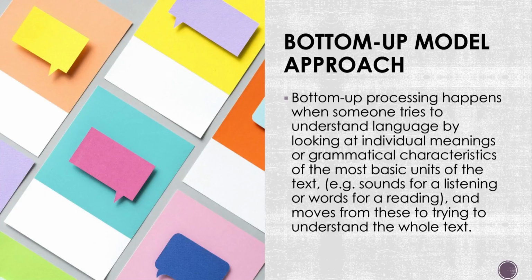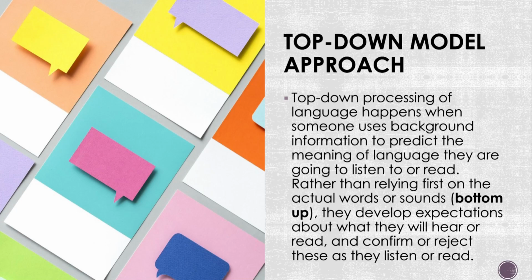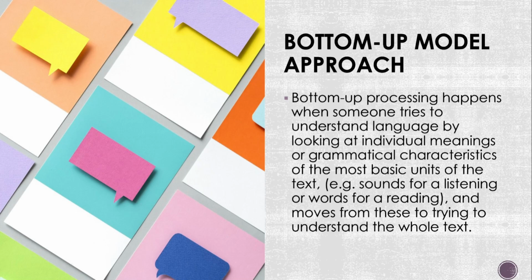So let's have a look at the two different approaches. Bottom-up model versus top-down model, right? So bottom-up processing happens when someone tries to understand language by looking at individual meanings or grammatical characteristics of the most basic units of the text. Example, sounds for listening or words for reading.